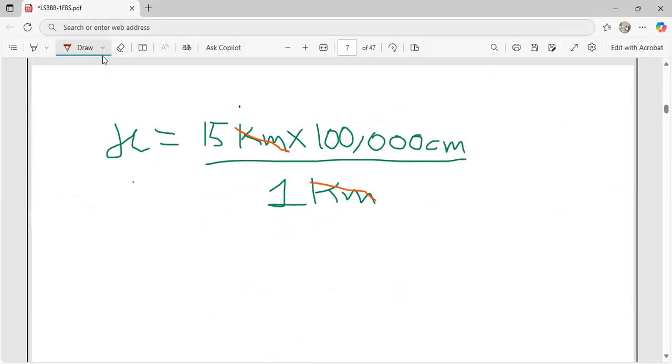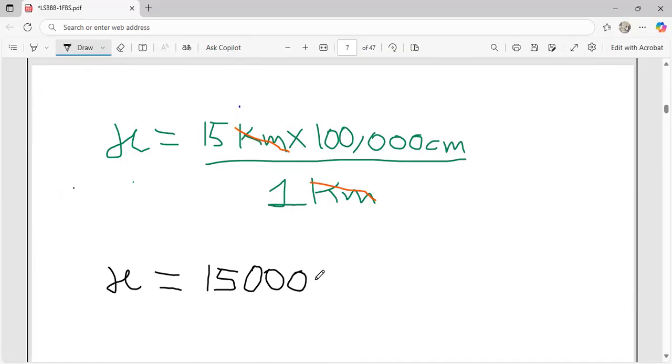So finally we can say that our x is equal to what? 15 times 100,000 centimeters.